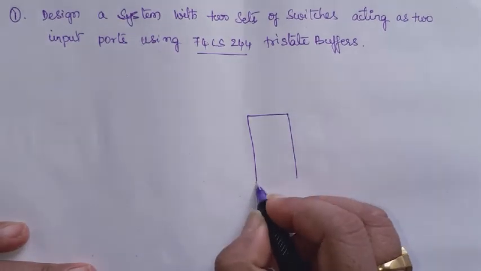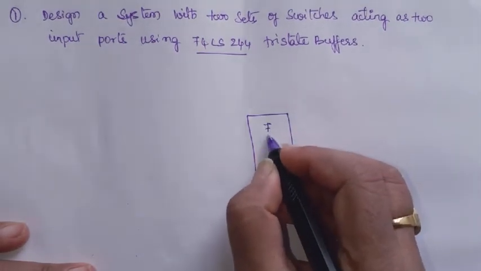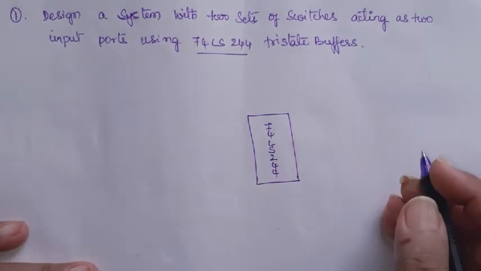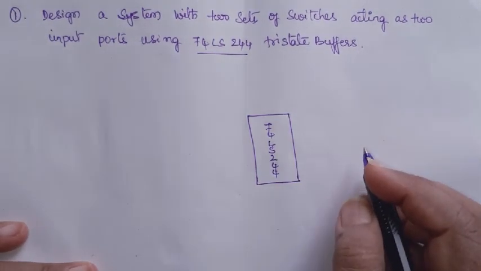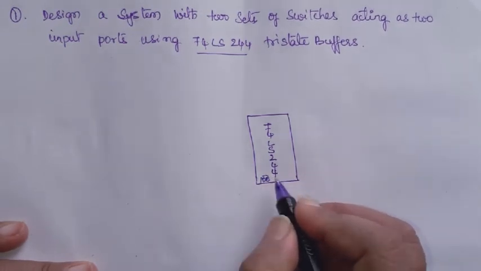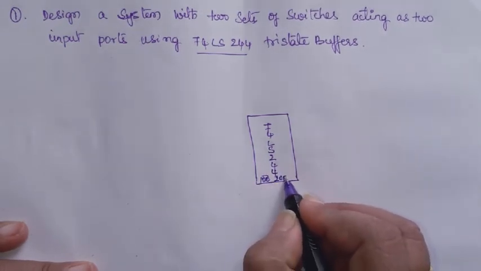So let us take these tri-state buffers. This tri-state buffer has two active low enable inputs, one enable and two output enable.